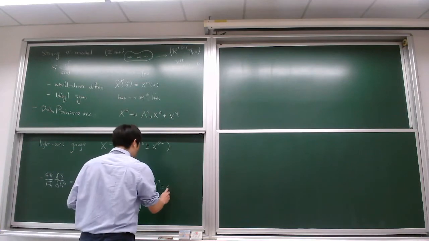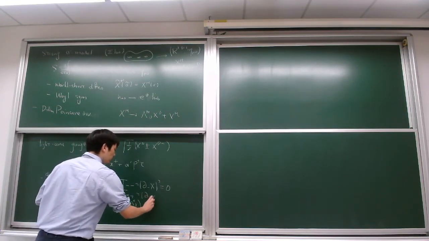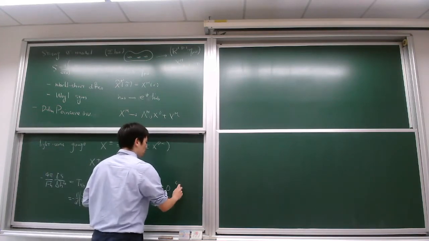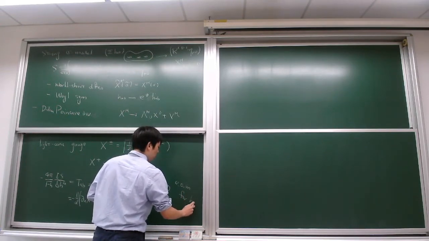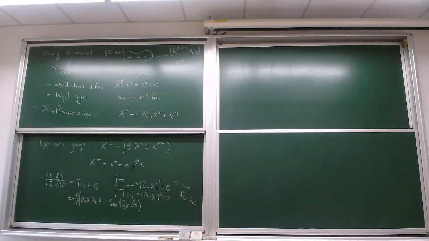So this is the equation of motion with respect to the metric h_ab. This is what I missed last time.